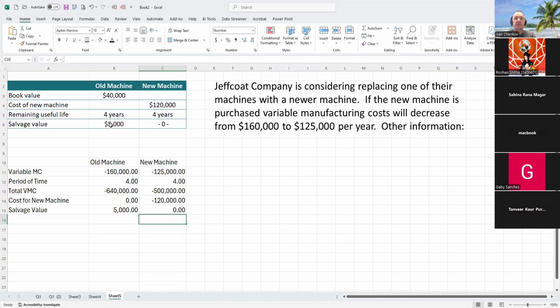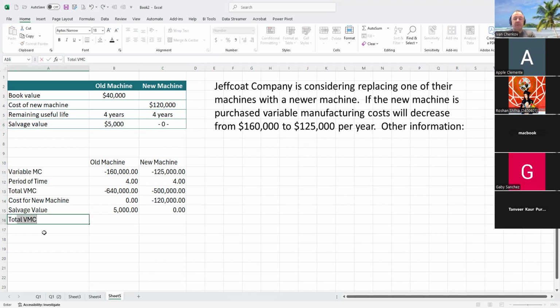The old machine, I can sell it for 5,000. But with the new machine, there's nothing, right? Is there any salvage value for the new machine? No. So I cannot get anything. So how much is my total cost?